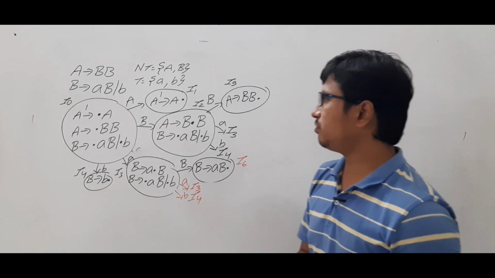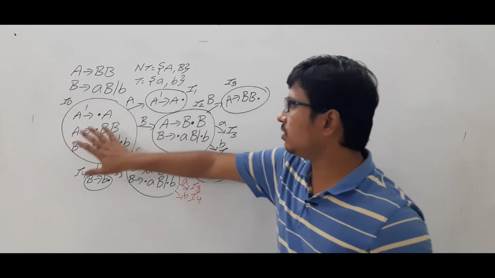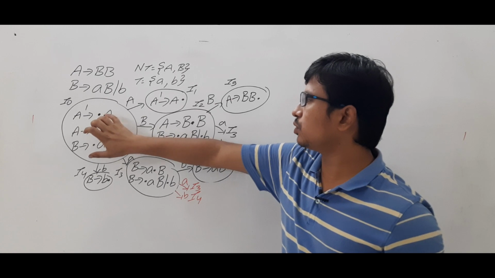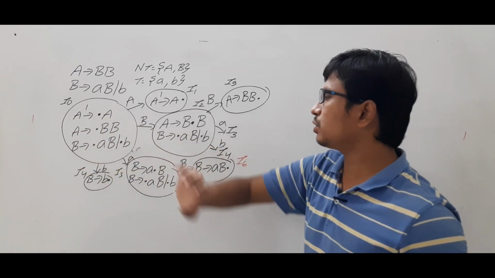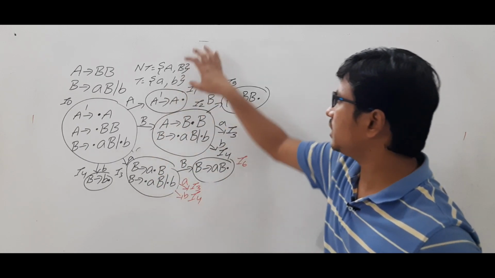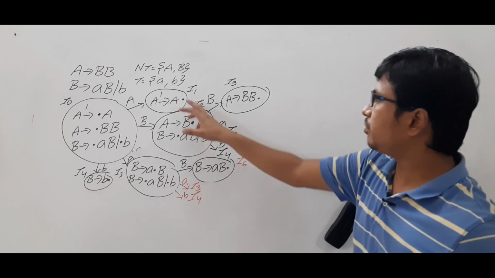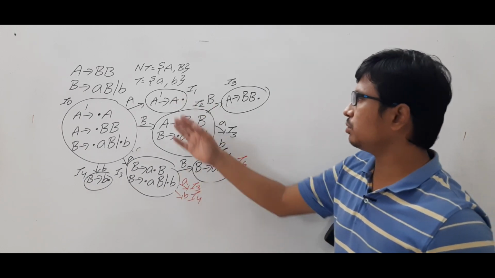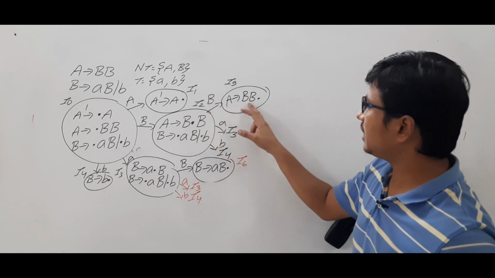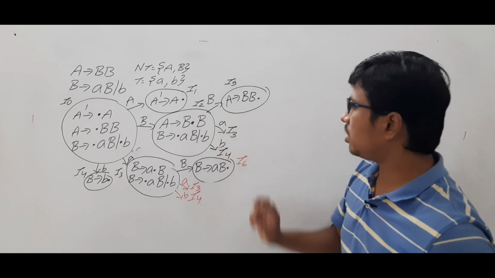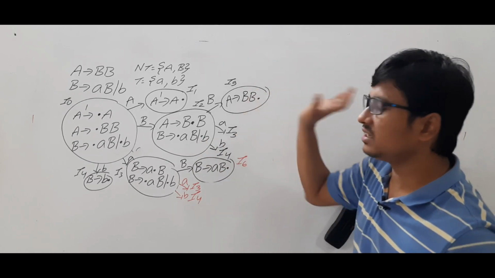Is it clear? Now if you want to check whether the process is finished or not, from I0 you need to compute the go to on A, go to on B, go to on the terminal a, go to on the terminal b. We have computed, we got I1, I2, I3, I4. From I1 I need not compute the go to because it is a reduced move. Now I2 on B I have computed, on small a I have computed, on small b I got I5, I3, I4.